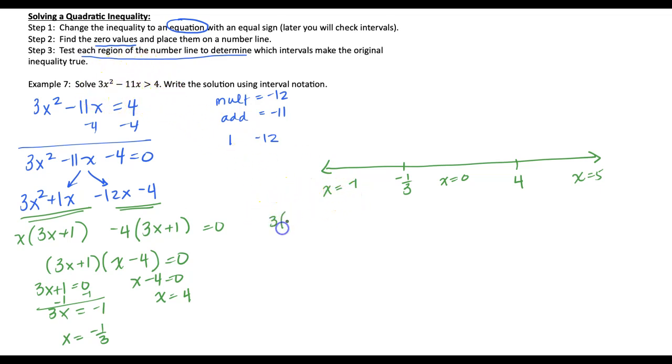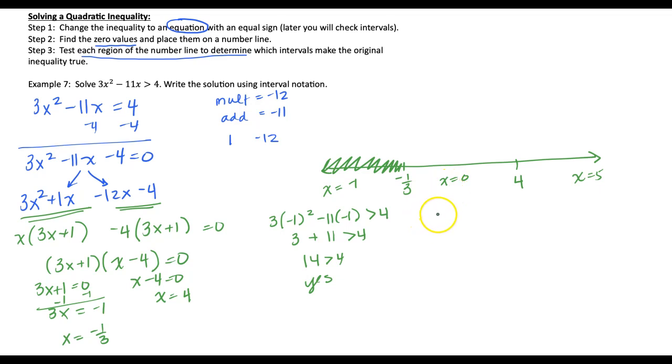I've got 3 times negative 1 squared minus 11 times negative 1, and is that greater than 4? So 3 times 1 would be 3, negative 11 times negative 1 would be positive 11, and is 14 bigger than 4? Our answer is yes, and so we'd shade in that section.